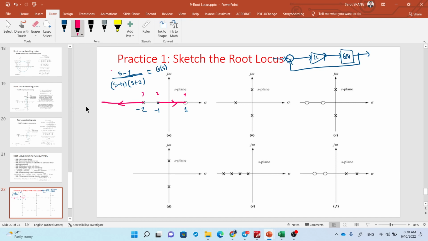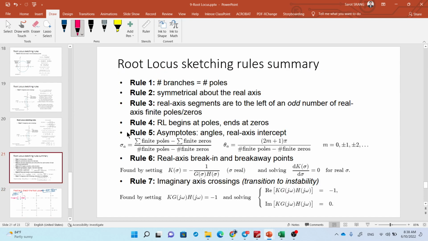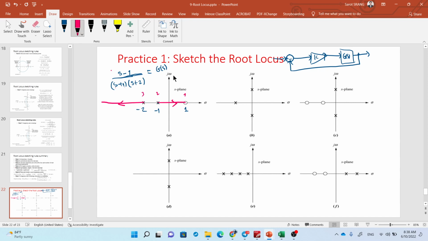So let's apply rule number 5. Here is rule number 5. The formulation of sigma A equals the sum of all the finite poles minus the sum of all finite zeros, over the number of finite poles minus the number of finite zeros.